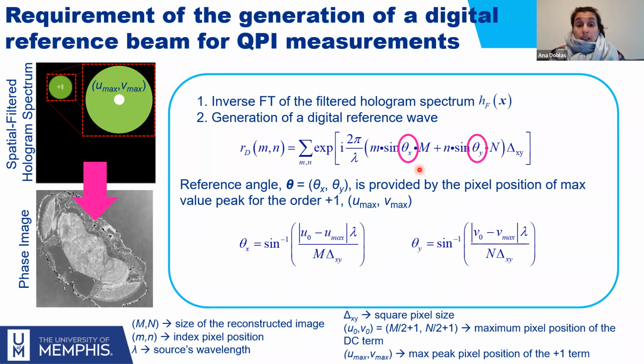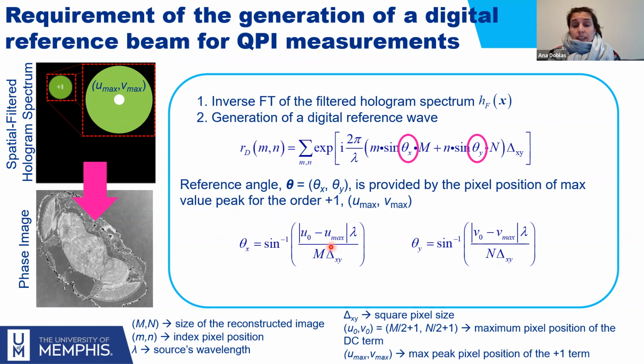Assuming that our reference beam is a plane wave, for the angle the only thing that we need to know is really the position of the maximum peak. If our reference beam is a plane wave, its Fourier transform is a Dirac delta function, so the center needs to be the maximum.